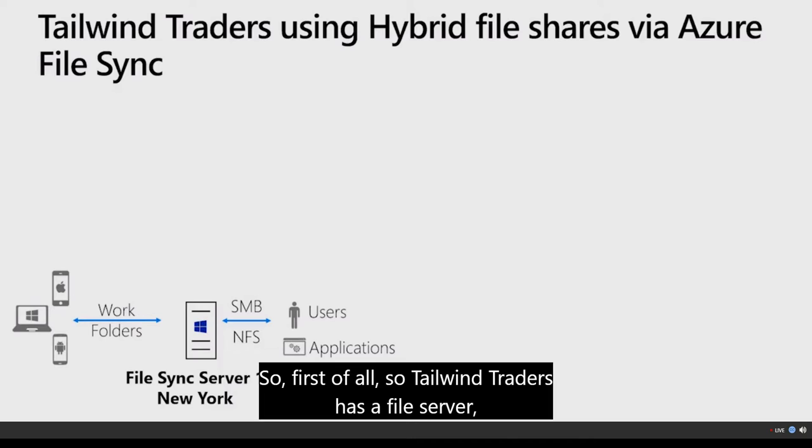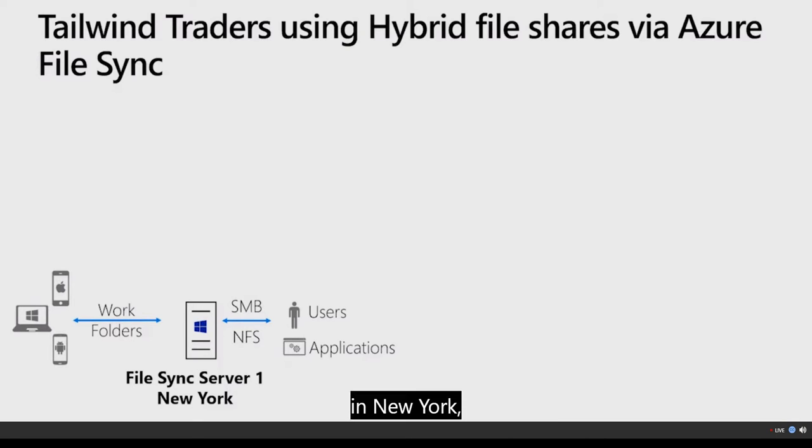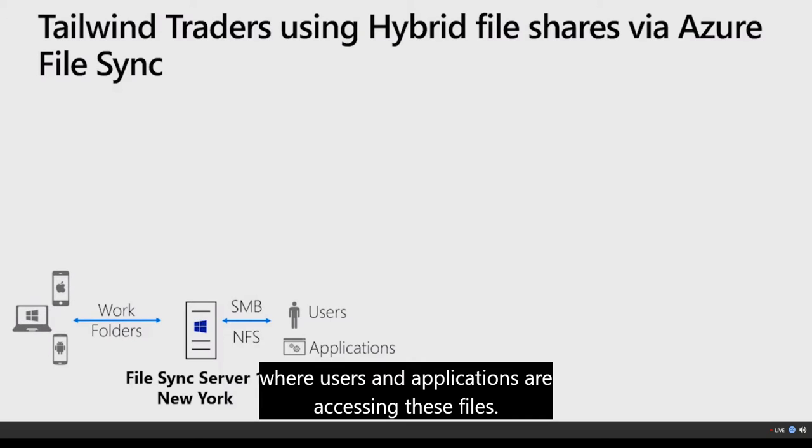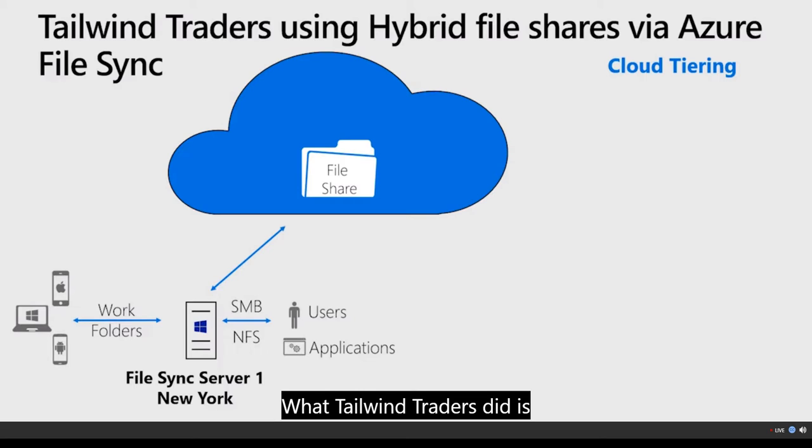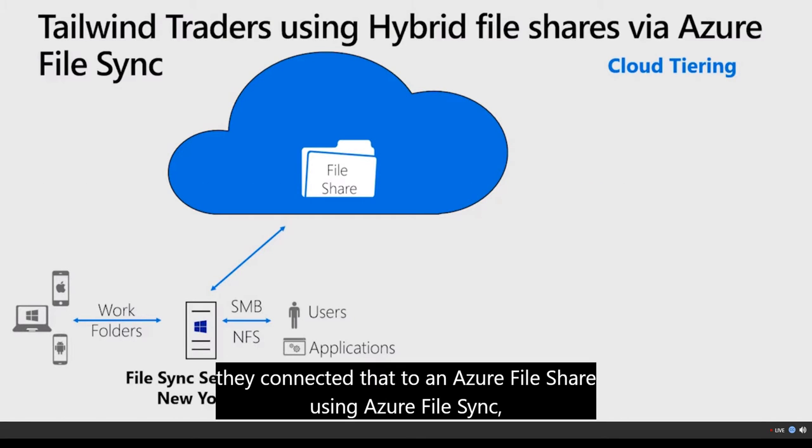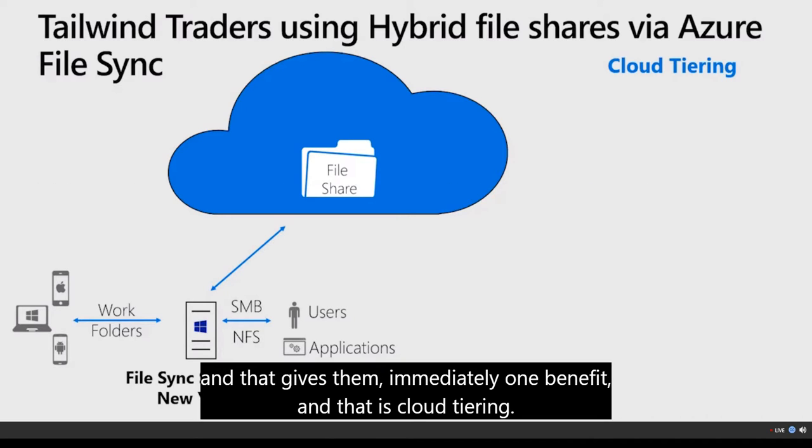So first of all, Tailwind Traders has a file server in New York where users and applications are accessing files. What Tailwind Traders did is they connected that to an Azure file share using Azure File Sync. And that gives them immediately one benefit, and that is cloud tiering.